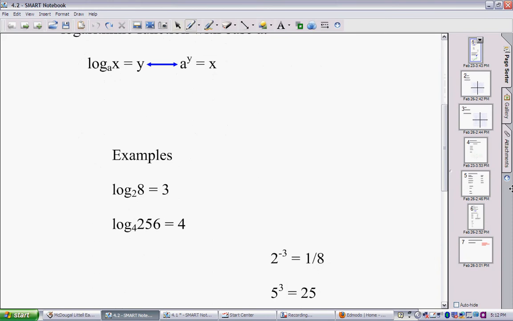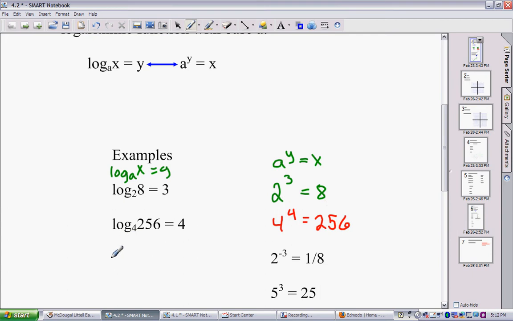So for example, if we are given logs and want to change them to exponents, 2 is in the a spot, so log base a x equals y, so a to the y equals x. 2 to the third is 8. In the a spot we got 4, in the y spot there's 4, so 4 to the fourth is 256.